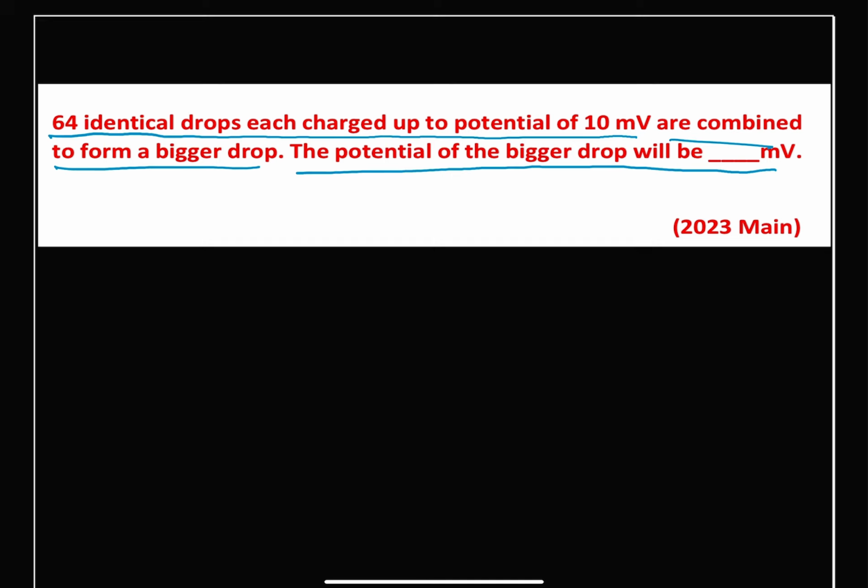So it means if this is drop 1 and we multiply it by 64, we are going to get a bigger drop.